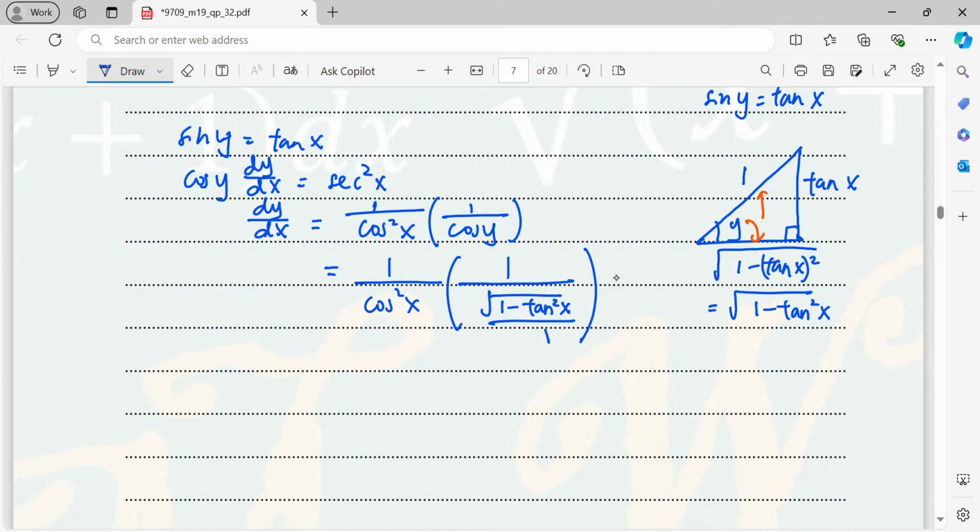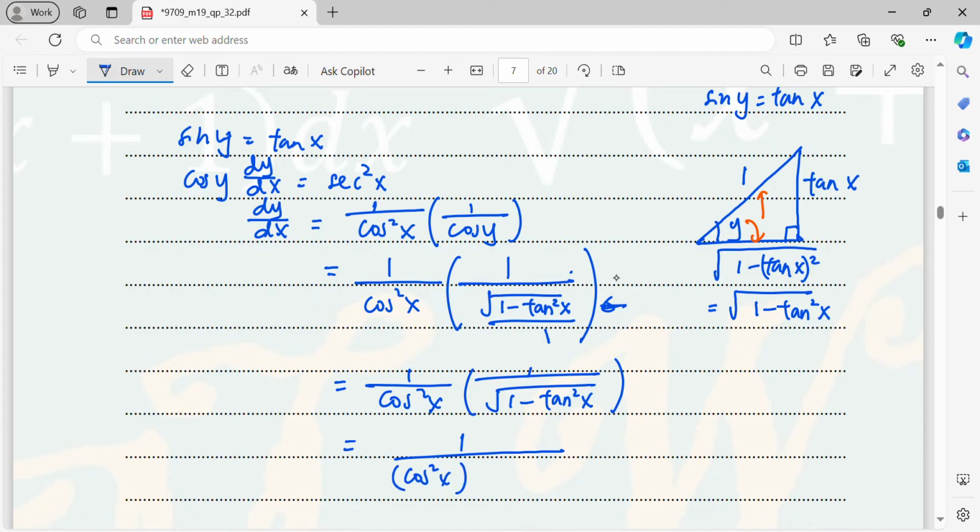So from here, you will get 1 over cos square x, and because of 1 over square root, this is actually 1 over square root of 1 minus tangent squared. So I will just combine with the left side. I will rewrite this first, then next I'm going to combine, because you can just multiply together. It will be cos square x, then multiply with the square root.